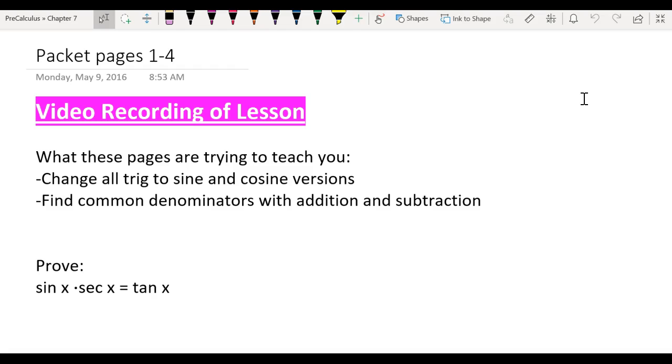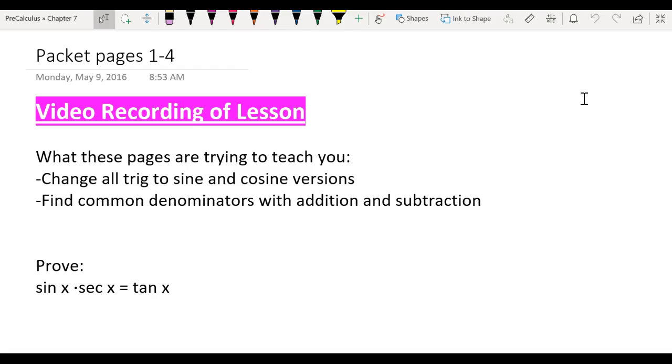Cosecant of x is 1 over sine of x. Cotangent of x is cosine of x over sine of x. Tan of x is sine of x over cosine of x. I believe those 4 are the ones that you need to know today.